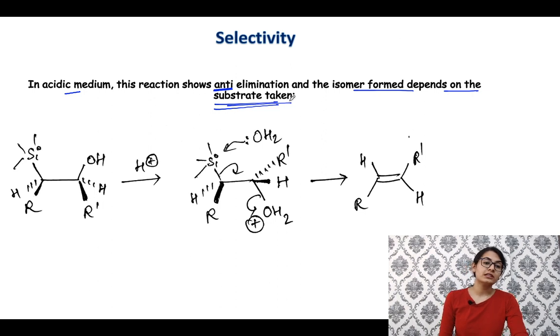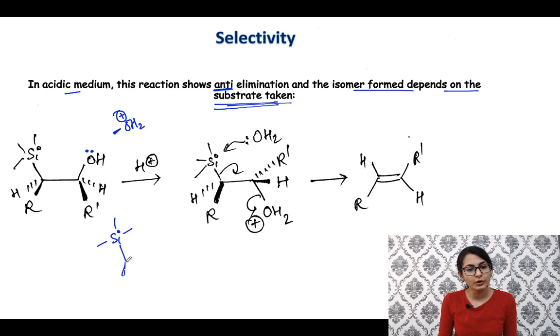Let's talk about this now, since you are clear with what is anti-elimination. First thing, since we are doing acidic medium, we are going to do the protonation of the OH, and it's going to become the hydronium, OH2 positive, like this. Now the second thing: it has become a hydronium ion, or let me just draw it over here, the same thing.